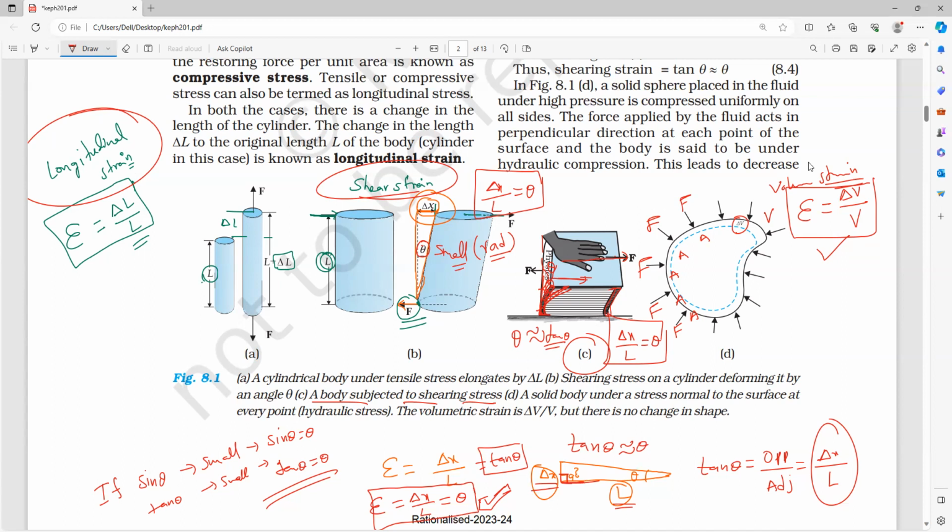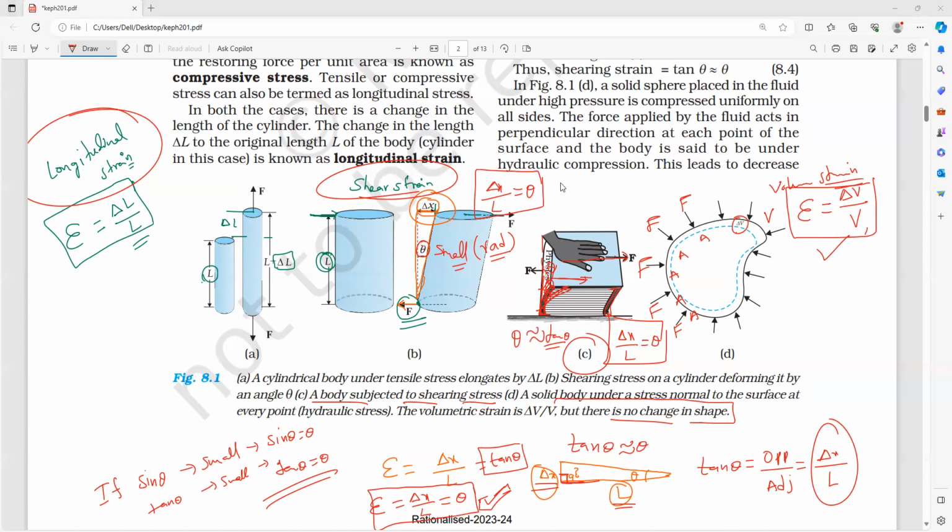Please remember, the volumetric strain is delta V by V, but there is no change in shape. That is very important. Before, the shape is the same, and now also the shape is the same, but what is changing? Anybody can tell me? That is the most important point.